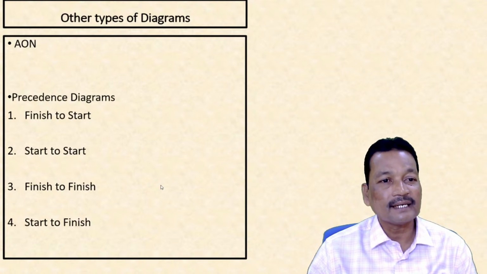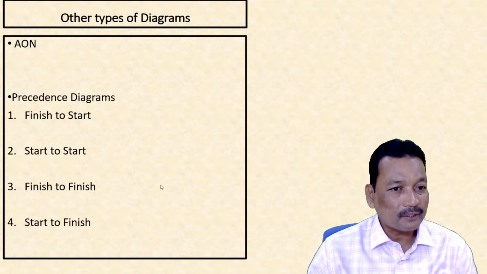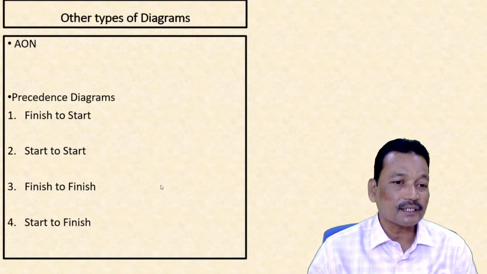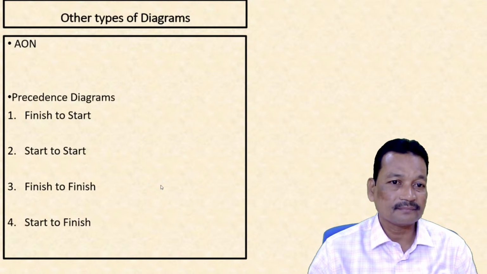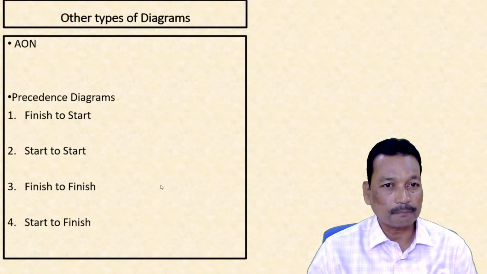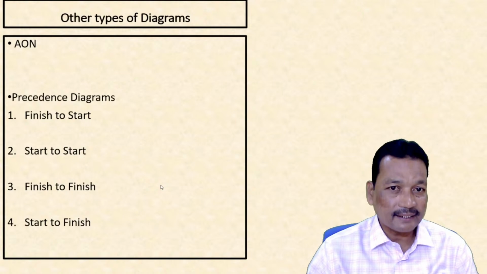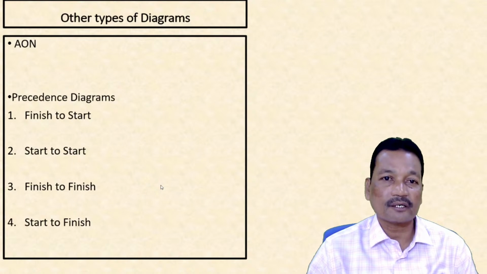Similarly, precedence diagrams can show us time from finish to start, start to start, finish to finish, and start to finish. So these are some of the other types of diagrams. Up till now we have seen the most widely used AOA diagram, the critical path method, as well as the PERT technique.